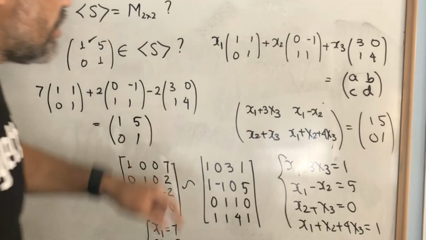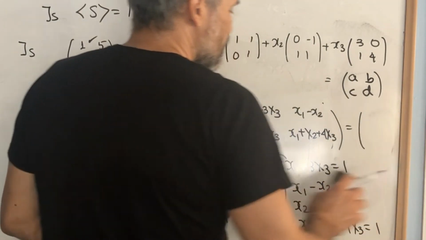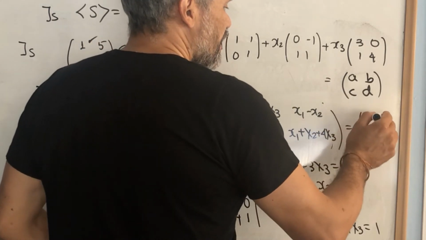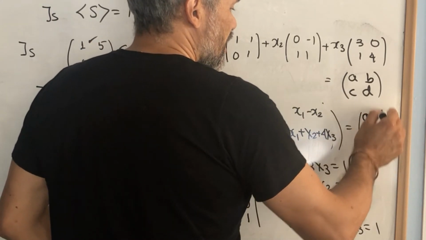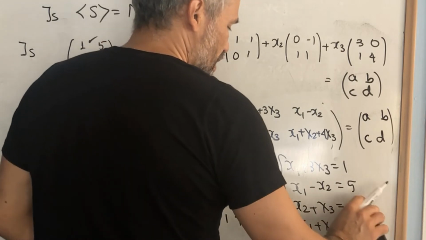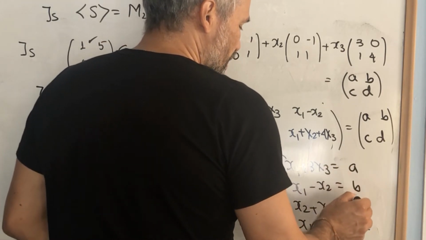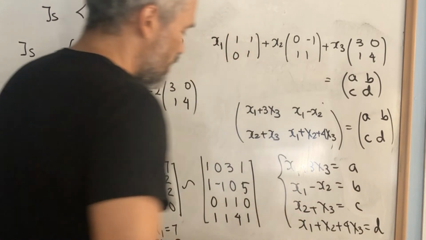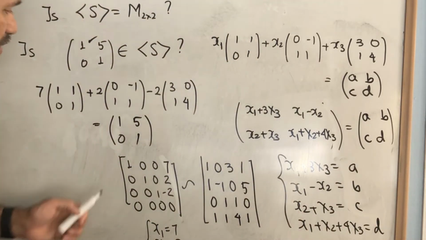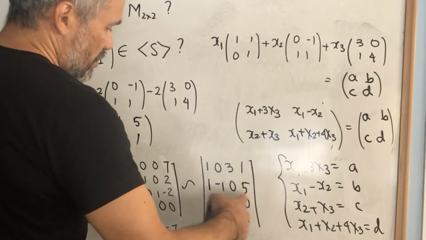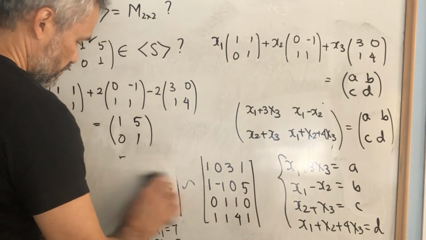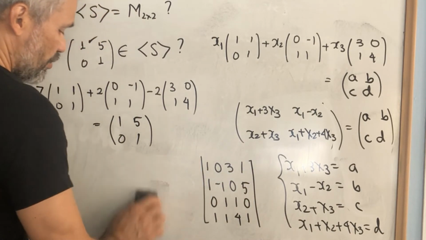When we do that change, this changes into A, B, C, and D. And here we will have A, B, C, and D. And the only difference is that here we cannot use the calculator to do row reduction.